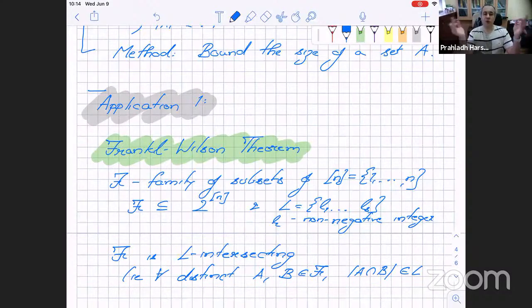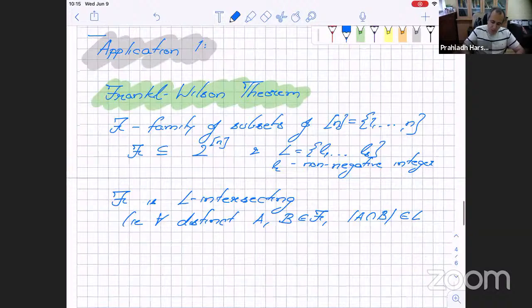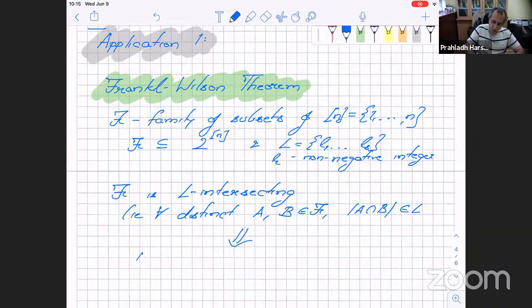Okay. What is one such example? Suppose one example of L is {0, 1, 2, 3, up to s minus 1}. So what I want to say is basically I want to put a bound on the size of F. That is, F cannot be too large.